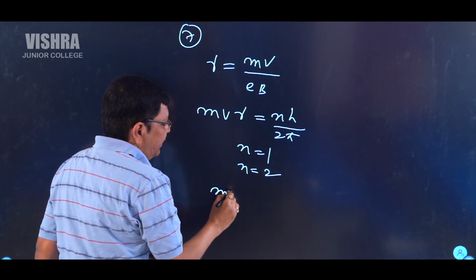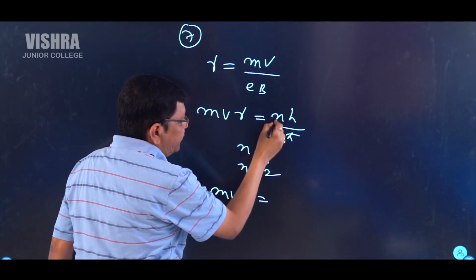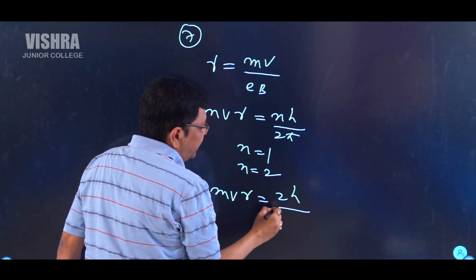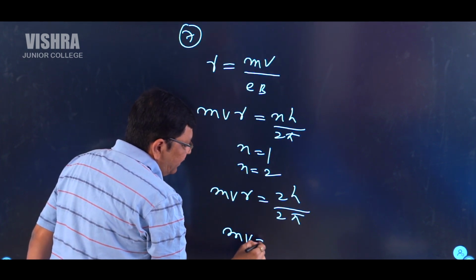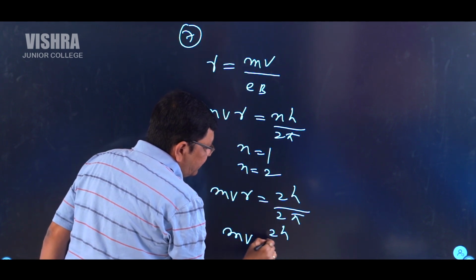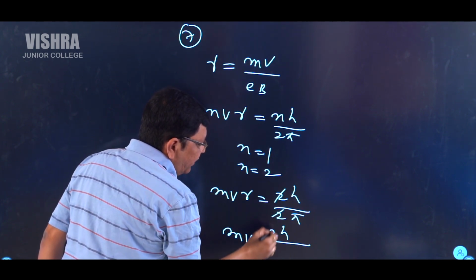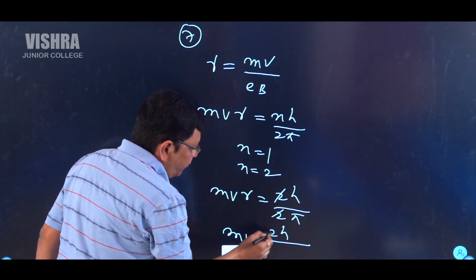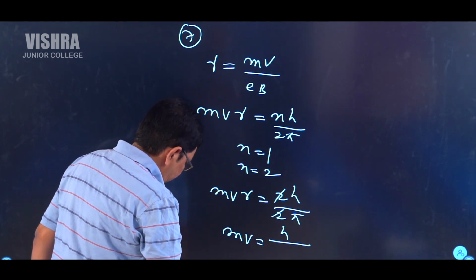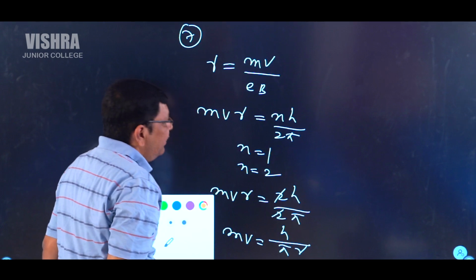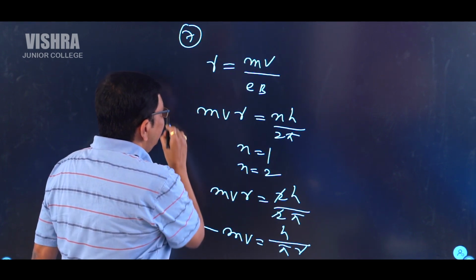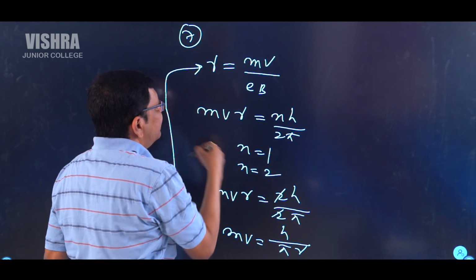So we can write mvr is equal to, n is 2, so 2h over 2 pi, and the 2s cancel. So mv is equal to h over pi r. Let us substitute this mv in the expression for the radius.